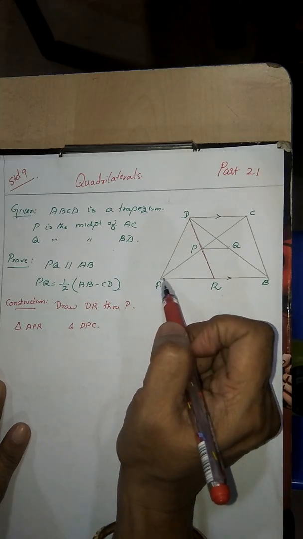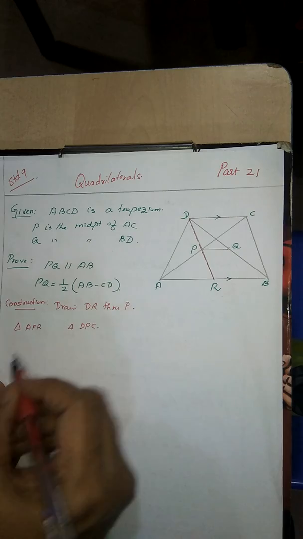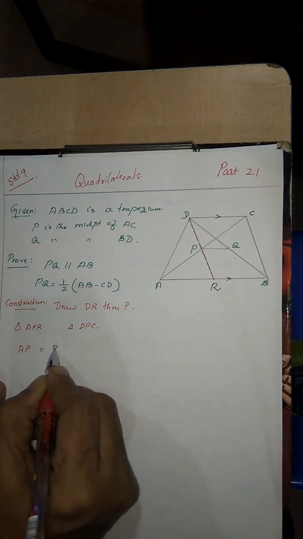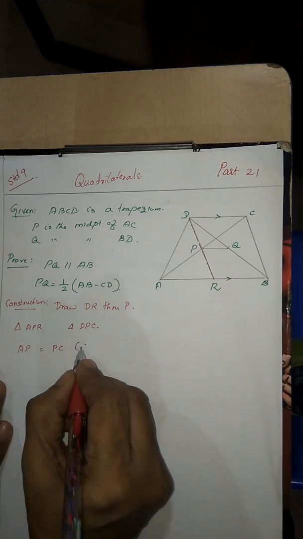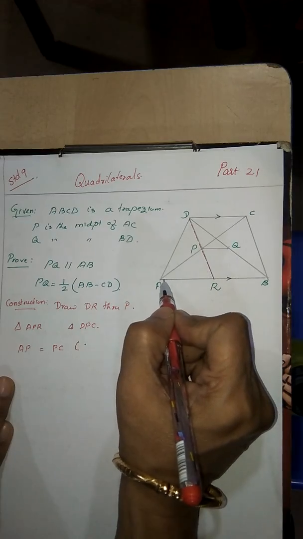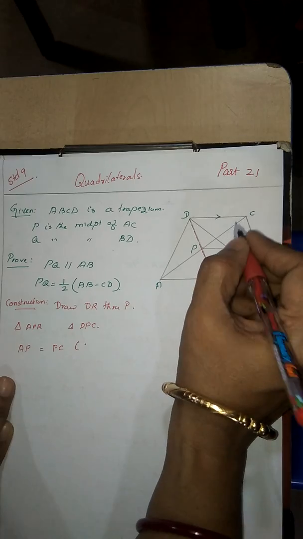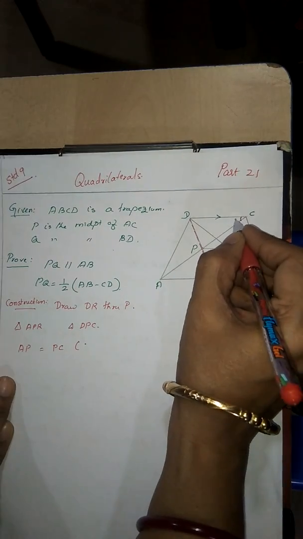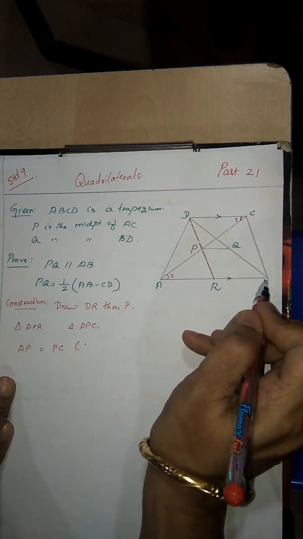So we have AP is equal to PC. Before that we'll write the angle. Now these two angles are equal, I'll put them as 1 and 2, because CD and AB are parallel.